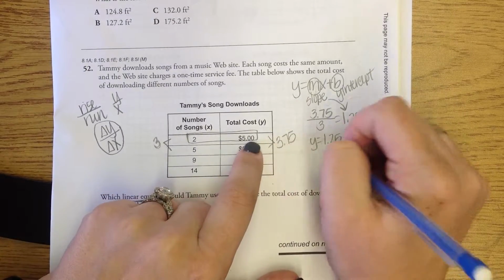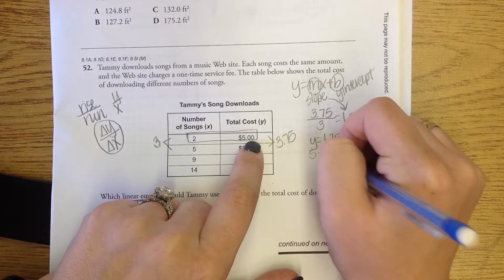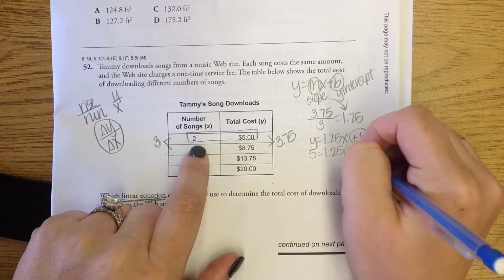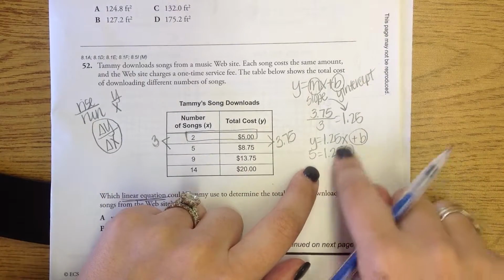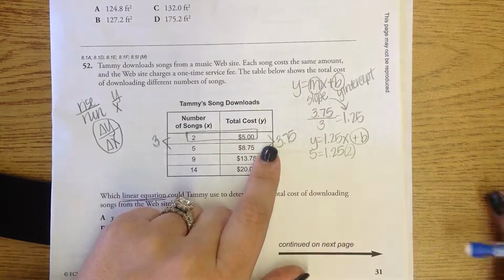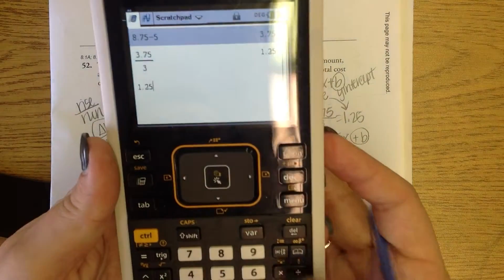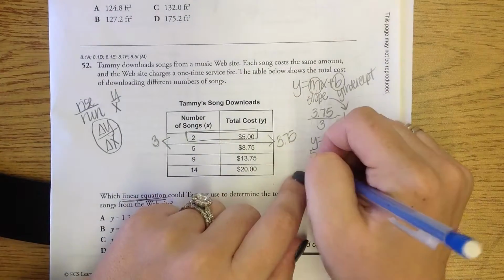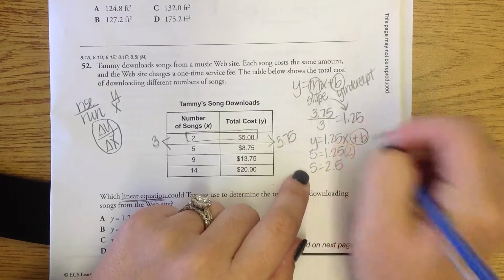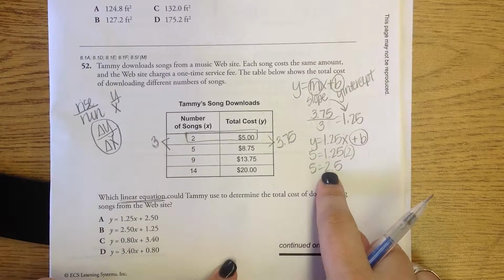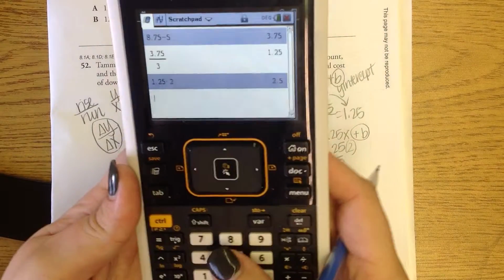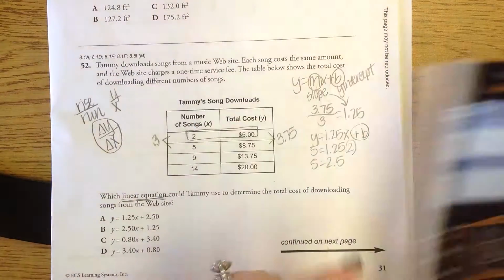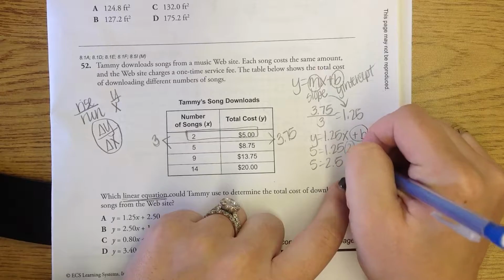For my y value, I need to plug in 5, set it equal to 1.25 times x, which was 2. I need to see what has to happen here to make it equal 5. 1.25 times 2 in my calculator is 2.5. So what would I need to add or subtract to 2.5 to get to 5? I'm going to subtract 2.5 from 5 to see the difference, which is, what do you know, 2.5.